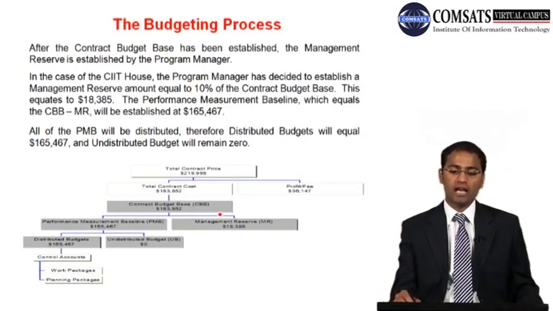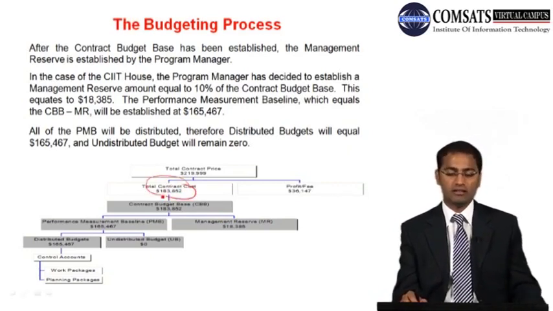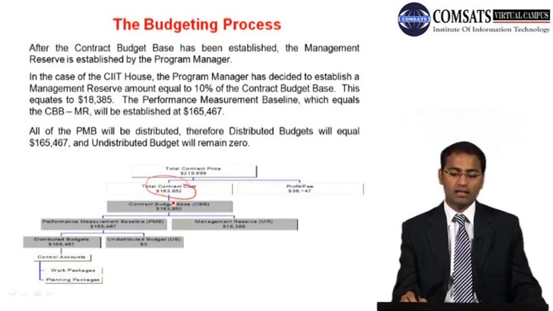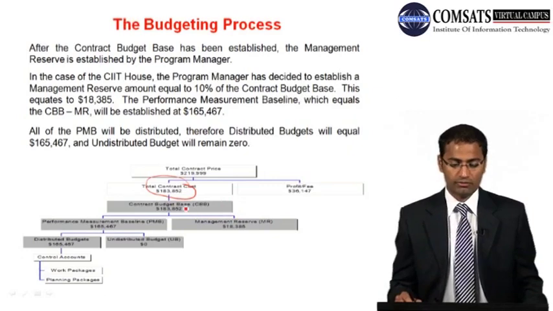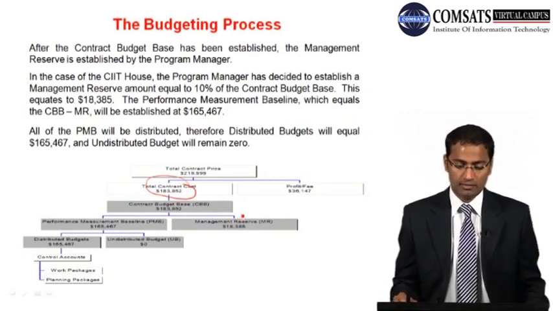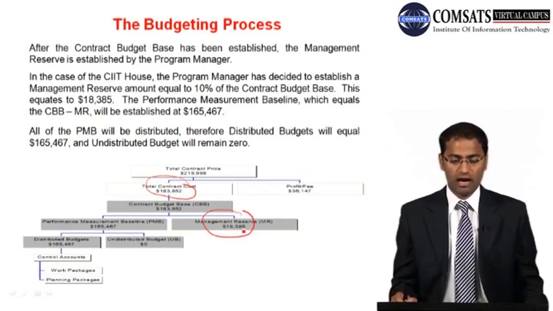So 10% of the contract cost, that is 183,852 dollars, and then the management reserve is the 10% of that, and that becomes 18,385.